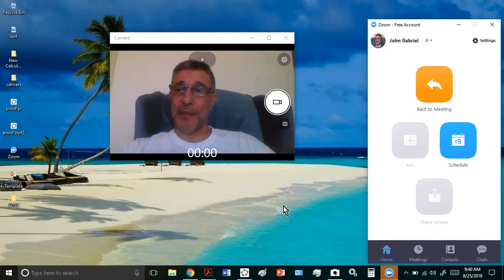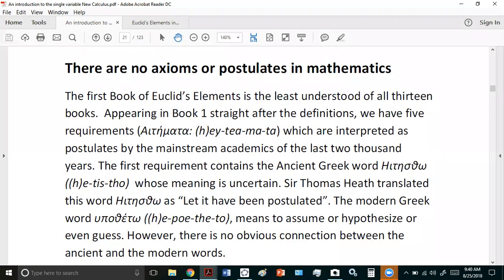And in today's lecture, which is lecture 4, we'll be looking at the chapter in my ebook called There Are No Axioms or Postulates in Mathematics.